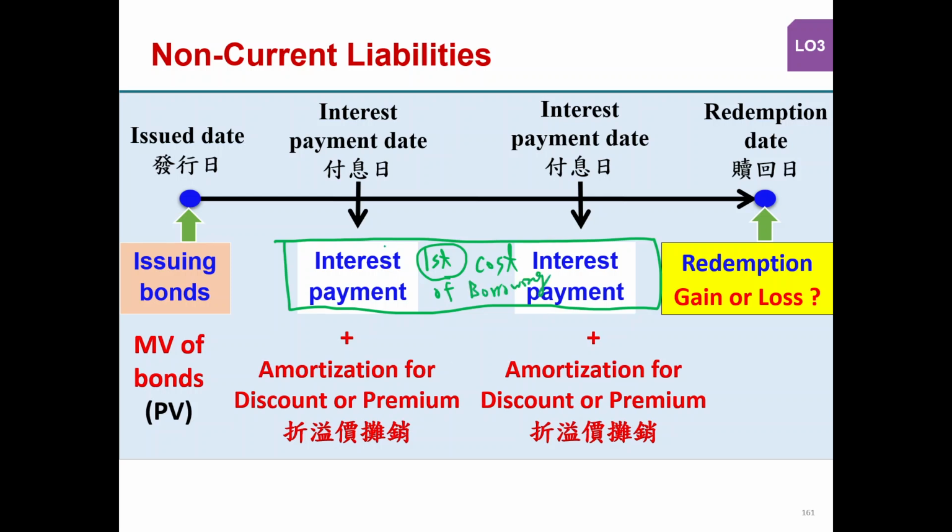The contractual interest rate. Don't forget, when we discuss the first cost of borrowing, we have a second cost of borrowing, right? How do we find out our second cost of borrowing?